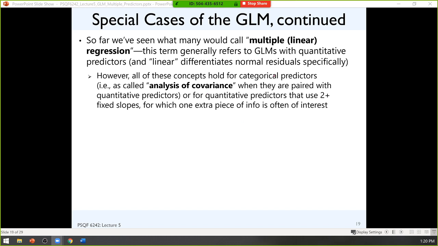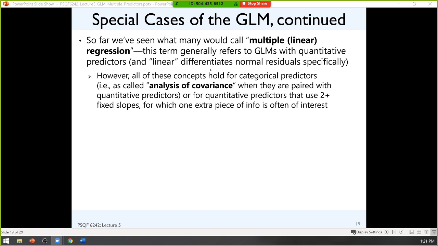So vocabulary. What you can tell people that you now know, by the way. We are talking about multiple regression at this point, when there are multiple predictors, as opposed to simple regression when there's only one. If you have a model that has, say, a grouping variable in it at the same time that it has a quantitative variable in it, that is known as analysis of covariance, ANCOVA, so to speak.